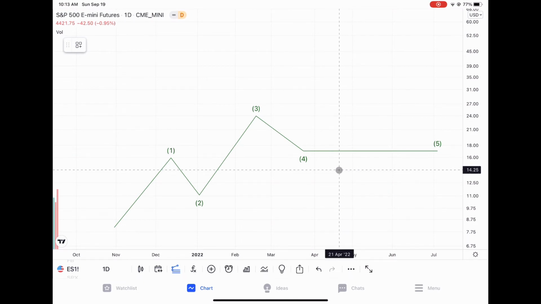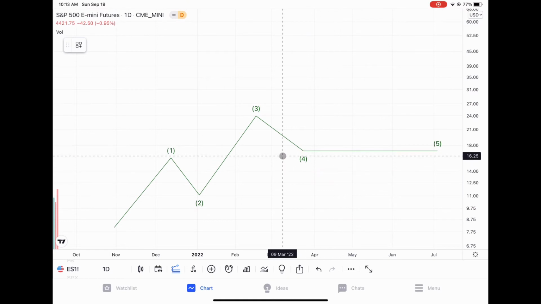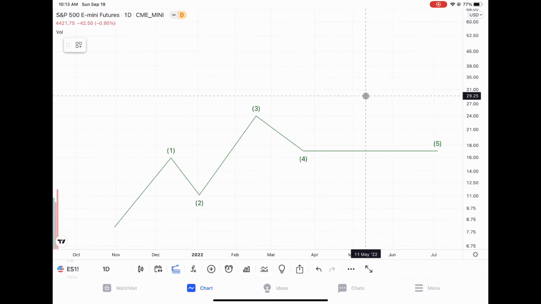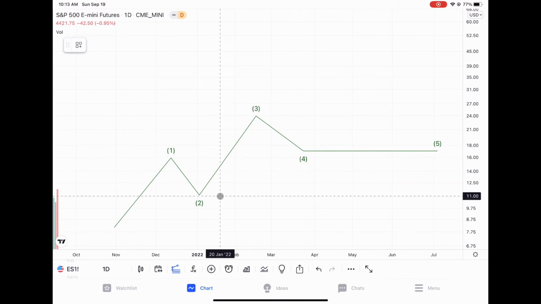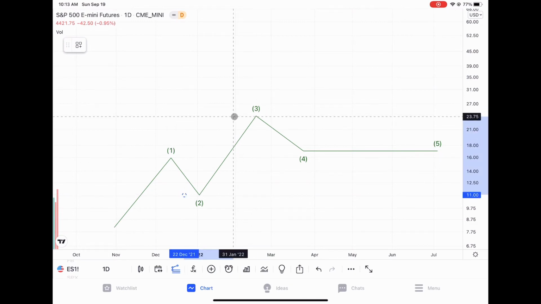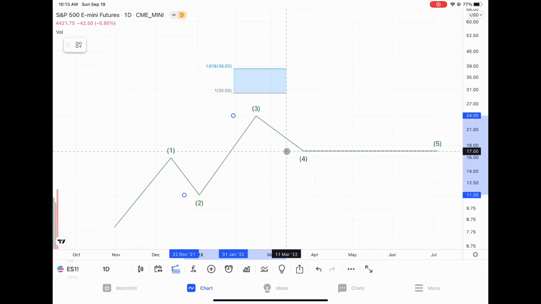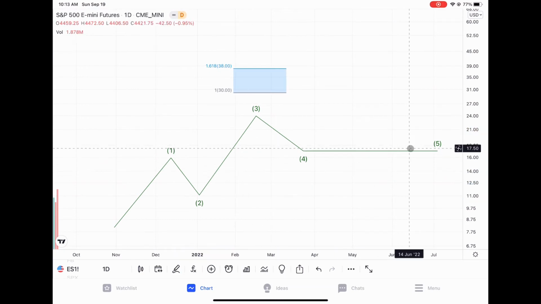Okay, so once wave 4 is pretty much over, we can start plotting for wave 5. You take your fib extension tool: the bottom of 2, the top range of 3, and the bottom range of 4. And there you go.